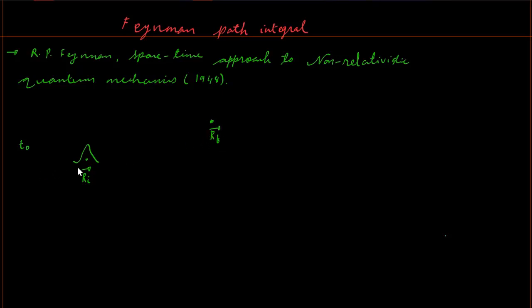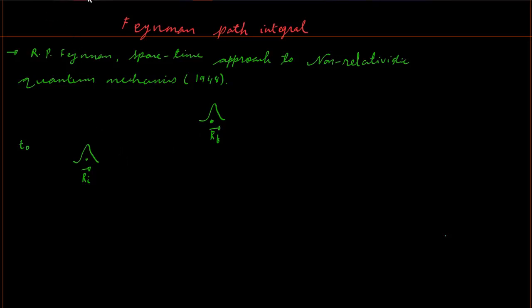If the quantum mechanical particle is in this state at time t0, then we want to find the probability of the particle reaching the final point R_f. Okay, so here we denote the presence of the particle by its corresponding wave packet like this. So what could be its answer?